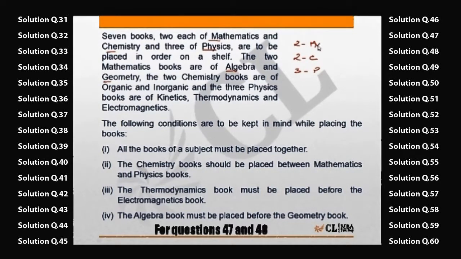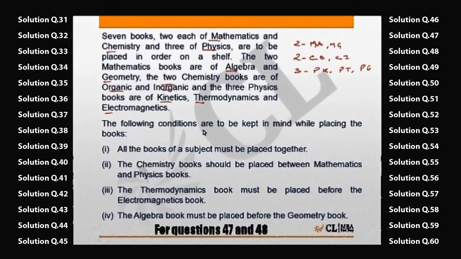So let me write this as MA and MG. Mathematics algebra, mathematics geometry. Chemistry books are organic and inorganic. So CO for chemistry organic, CI for inorganic. And the 3 physics books are kinetics, thermodynamics and electromagnetics.